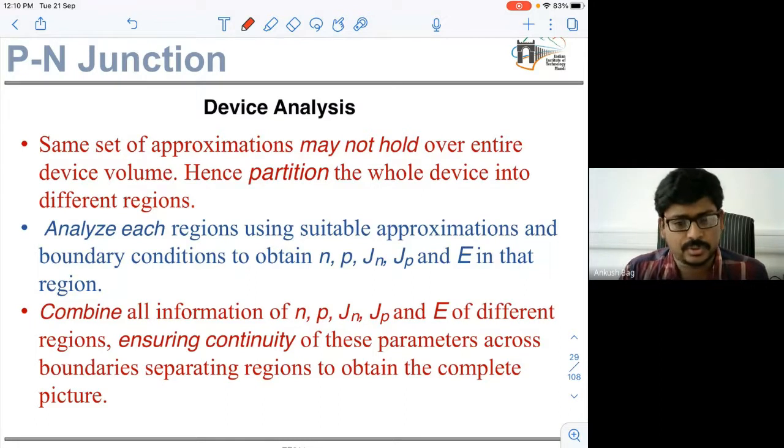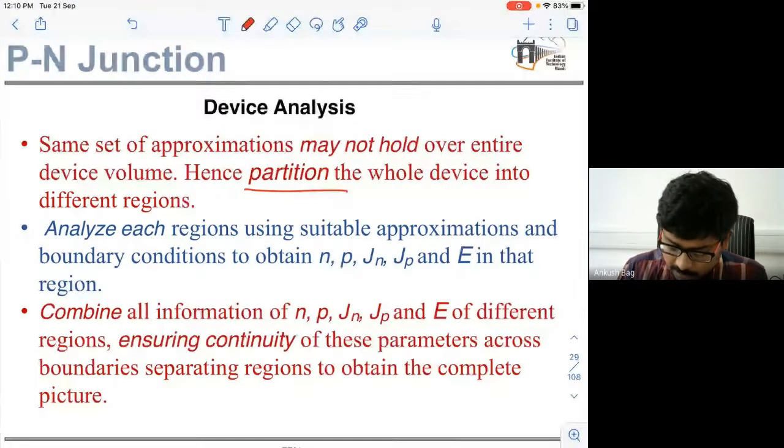We'll use those 5 equations, but with different approximations for different parts of the device, obviously considering the different behavior or conditions of those parts. Hence we partition the whole device into different regions. Then we'll analyze each region using suitable approximations and boundary conditions to obtain once again these 5 parameters.